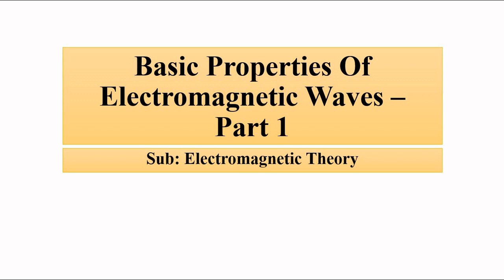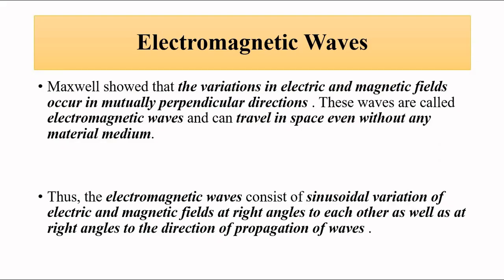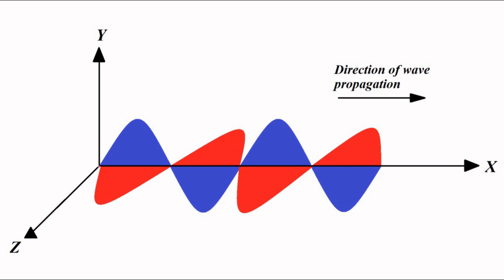So a basic review of the definition of electromagnetic waves is that it consists of sinusoidal variation of electric and magnetic fields which are at right angles to each other. They oscillate, they vibrate in mutually perpendicular planes, and they are also perpendicular to the direction of propagation of the electromagnetic wave.